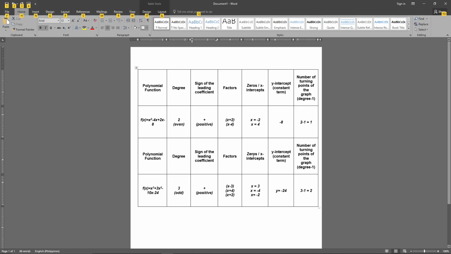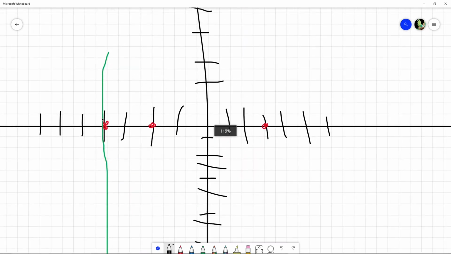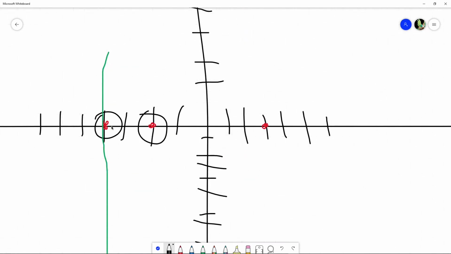Based on our factors, we have x minus 3, x plus 4, x plus 2. We're going to look at this part, the points from these points. So we got negative 4 and negative 2. What is the leftmost value between these two right here? It's going to be negative 3.